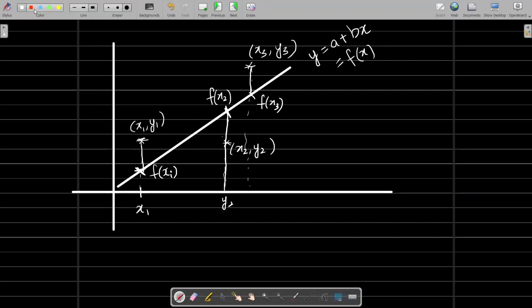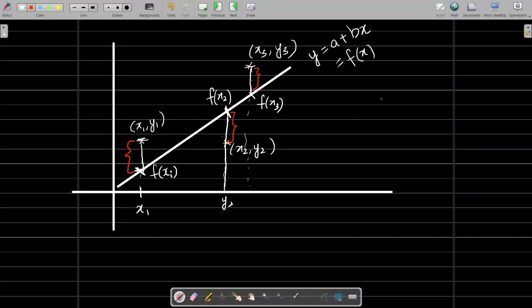Okay, so if you look at it here, this is the error e1, the difference between y1 and f of x1. And here in this case, this is the error, the difference between y2 and f of x2. In this case, this is the error, the difference between y3 and f of x3.